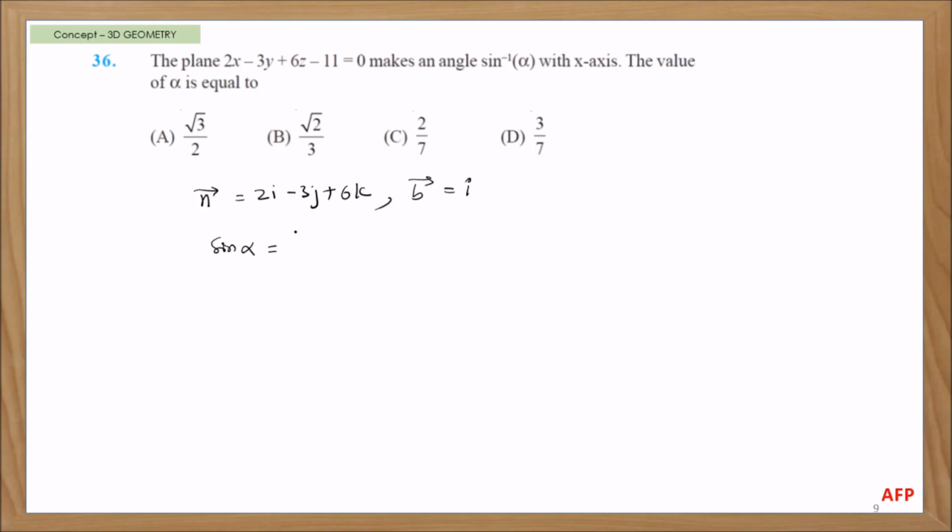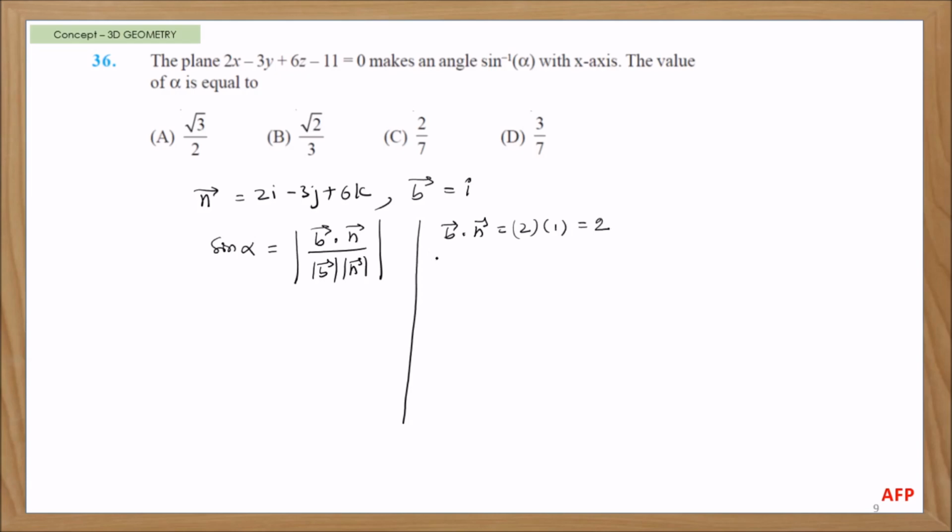Sin alpha is equal to vector b dot vector n divided by magnitude of b into magnitude of n. Now we will find b dot n. So b dot n, what you are getting is 2 into 1, the rest are all zeros. So 2 is the answer.